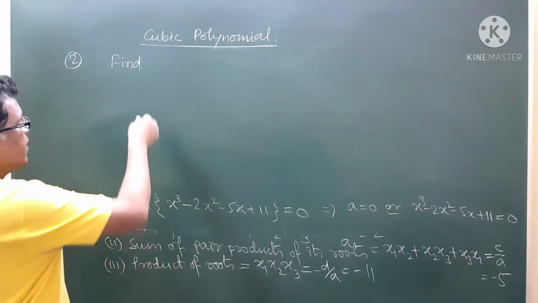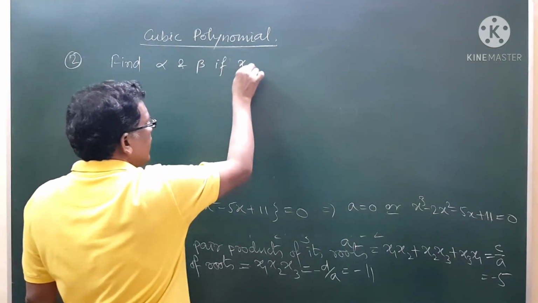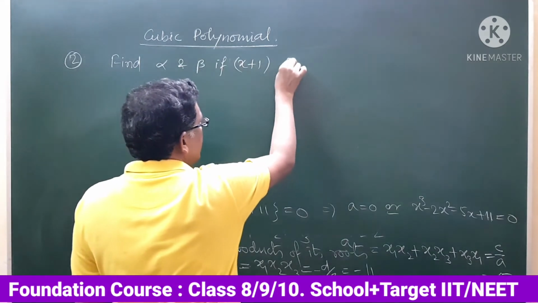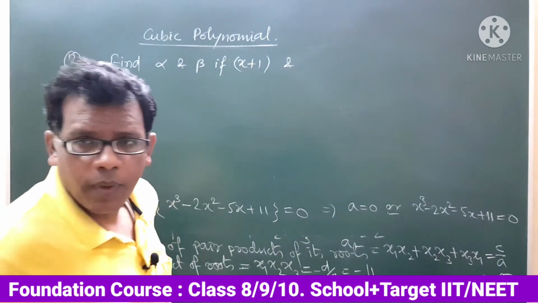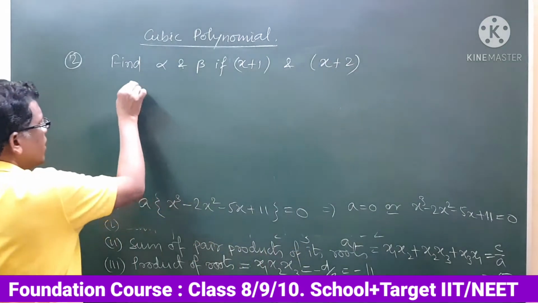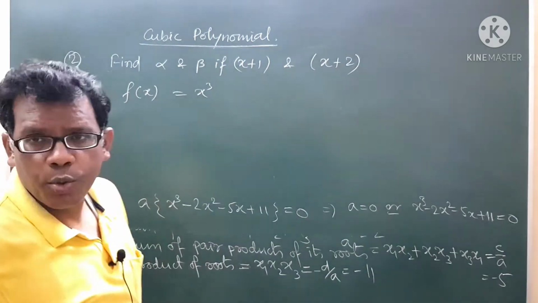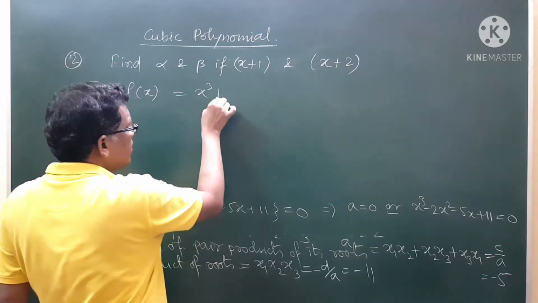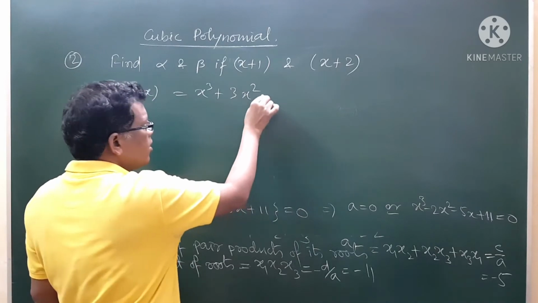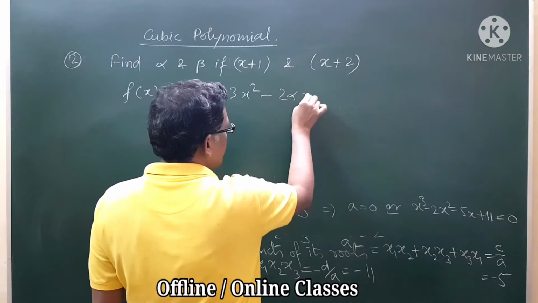Find alpha and beta if x plus 1 and x plus 2 are factors of f(x) = x cube plus 3x square minus 2 alpha x plus beta.